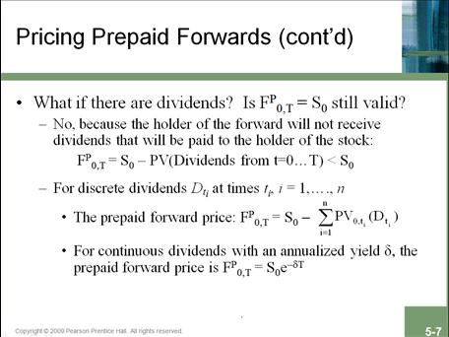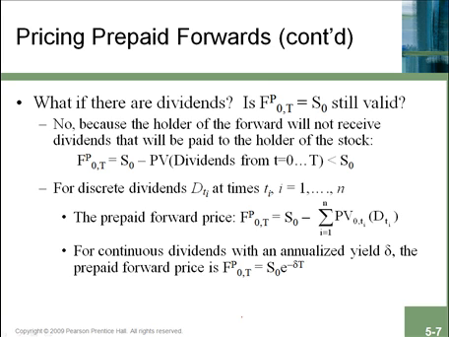If dividends are paid at discrete times, as is typically the case with an individual stock, then all you need to do is figure the present value of each one of those dividends and subtract the total present value off of the current stock price. On the other hand, if dividends are paid more continuously, as might be the case with something like a stock index, or at least it would be a good approximation, then you can use a more continuous valuation formula.